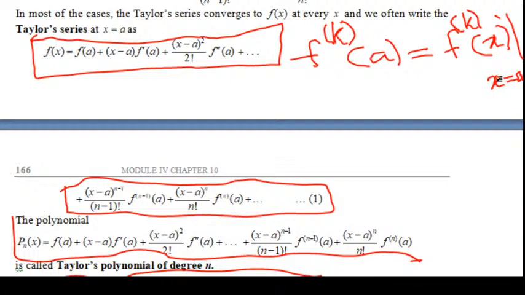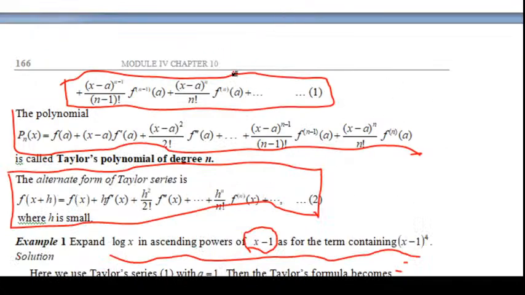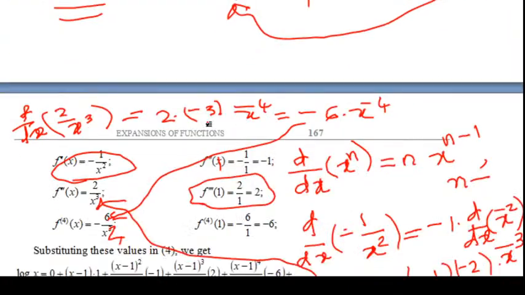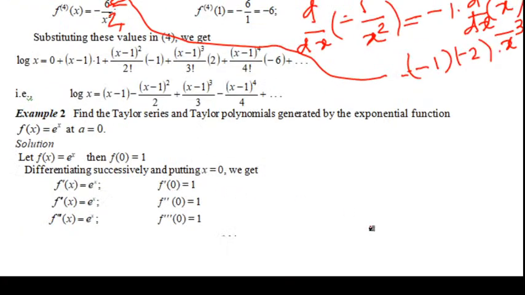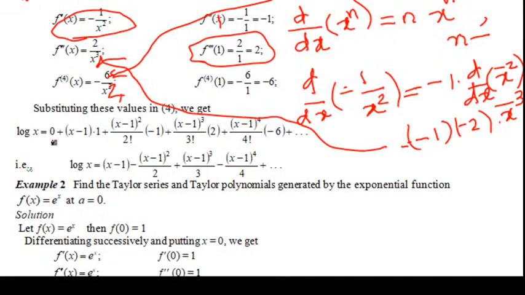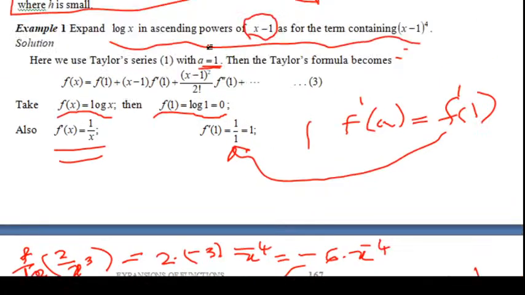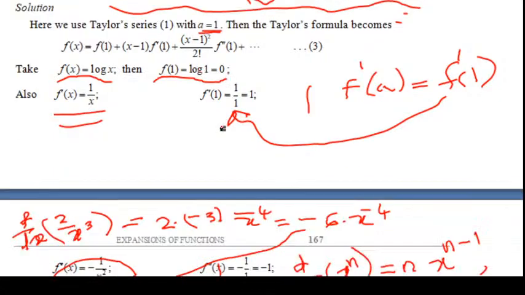We continue this process. Okay, this is a series, and if we finish at this end position, we get a polynomial. But here we have to find a series, so we continue this process by putting 3 dots, and we have log x is equal to 0 plus x minus 1. Why here we have 0? Because here we have f of 1 is equal to 0.